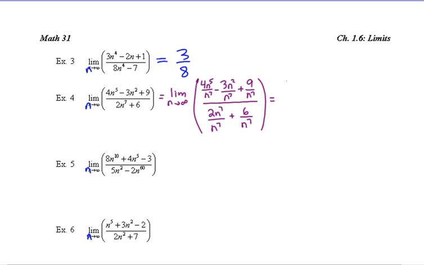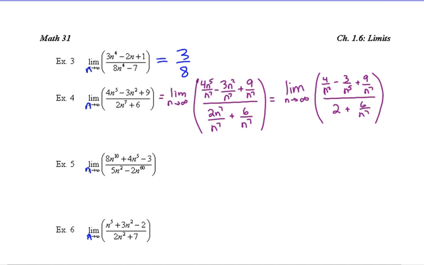So simplifying that, we get 4 over n squared minus 3 over n to the 5th plus 9 over n to the 7th. And then on the denominator, you'll have 2 plus 6 over n to the 7th. Okay, so evaluating this, what do we get?